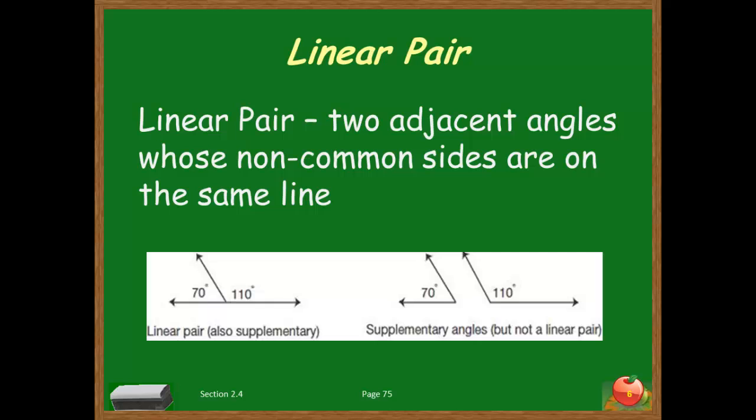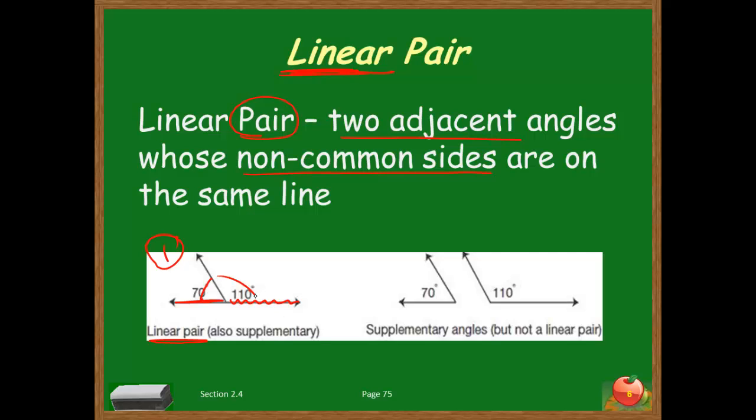A linear pair. The word linear pair has the word line. Linear pair means two adjacent angles whose non-common sides are on the same line. This first example is a linear pair. Their non-common sides make a single line.